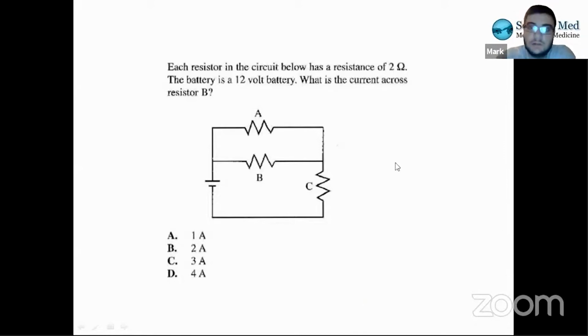Okay, guys, please take another 30 seconds to a minute to answer this. And like I said, I'll go over it at the end.